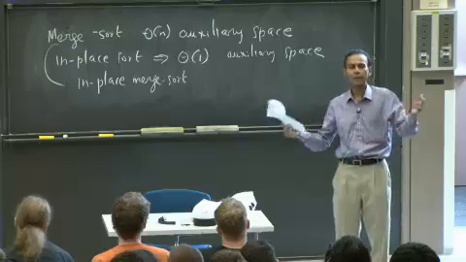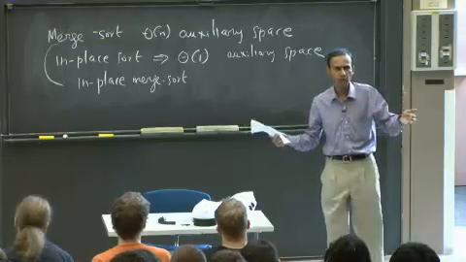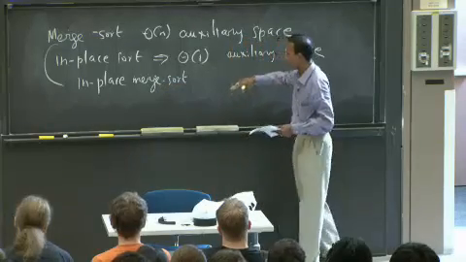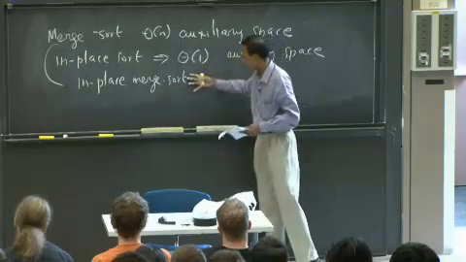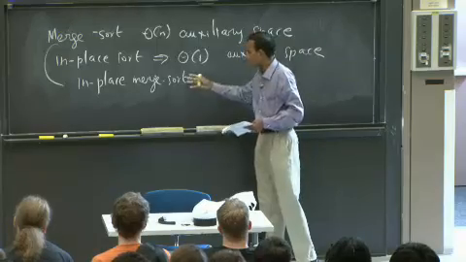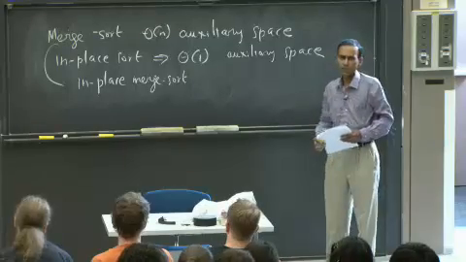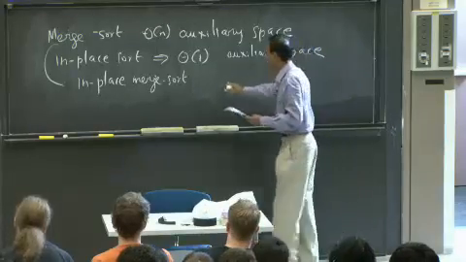So people don't really use in-place merge sort. It's a great paper. It's a great thing to read. Its analysis is a bit sophisticated for 6.006, so we won't go there. But it does exist. So you can take merge sort, and I just want to let you know that you can do things in place.